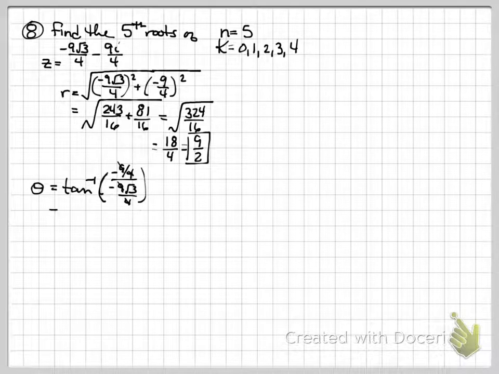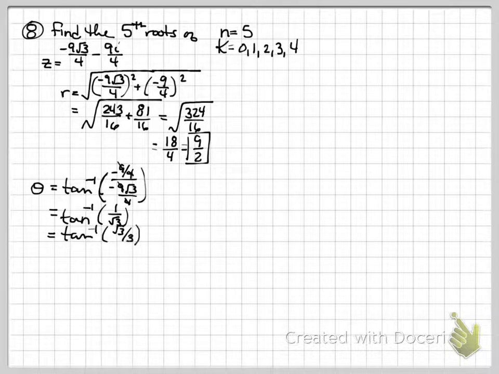And that's going to actually leave me tan inverse of 1 over root 3. Well, that simplifies to be just root 3 over 3. So now if I look at this, my original graph, both the A and the B were negative, so that's in the 3rd quadrant.